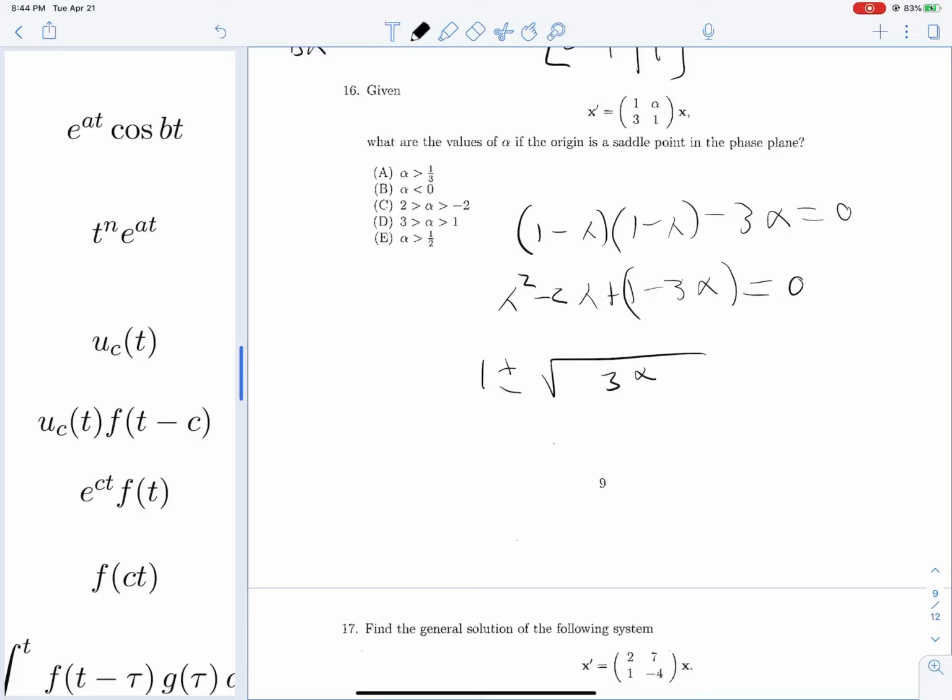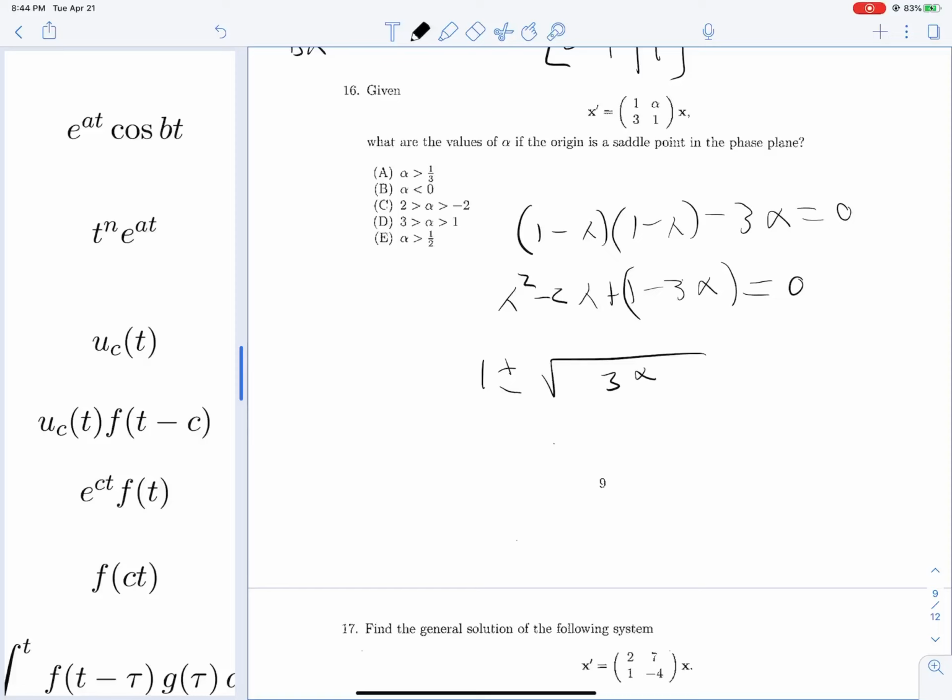And so I should have talked a little bit more about what we're actually looking for here. The origin is a saddle point in the phase plane if and only if our eigenvalues are completely real and have opposite signs. So in order for us to get a positive and a negative eigenvalue out of this, the square root of 3 alpha has to be greater than 1, so that when we subtract it from 1, we go past 0 into the negatives.